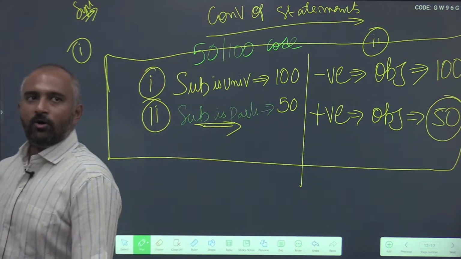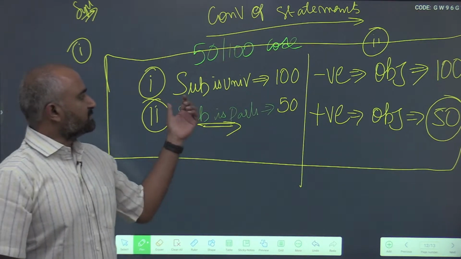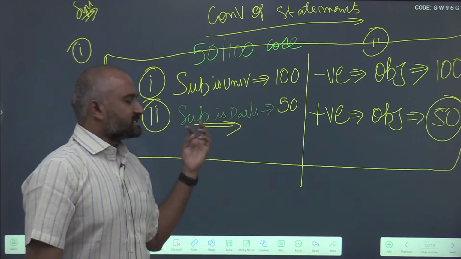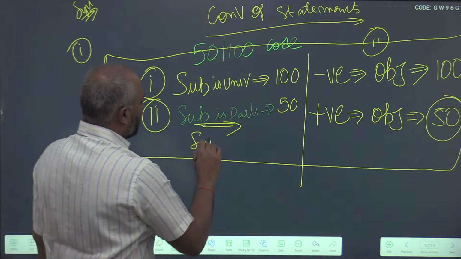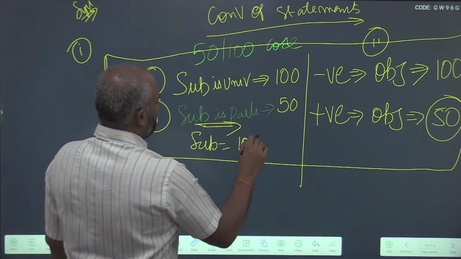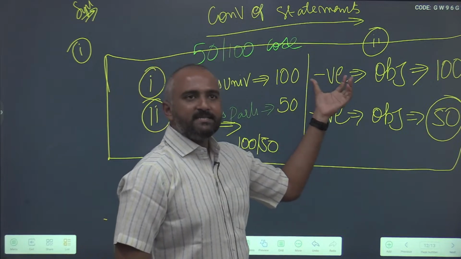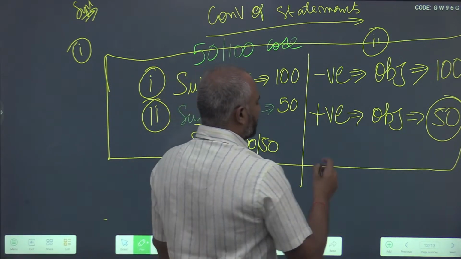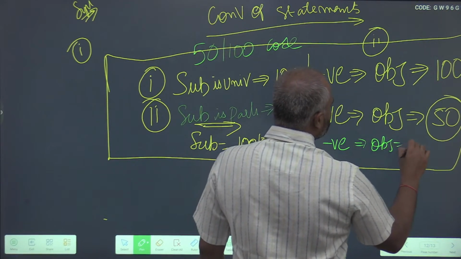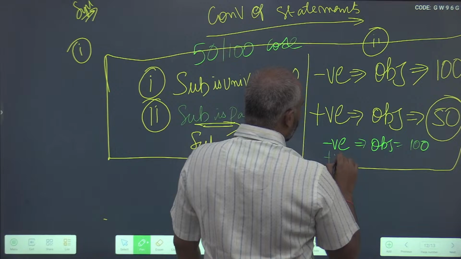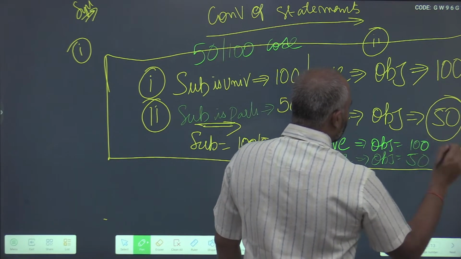For conversion, the whole of syllogism is based on this. If your subject is universal, 100. If the subject is particular, 50. If the statement is negative, I will assign the object as 100. If the statement is positive, I will assign the object as 50.